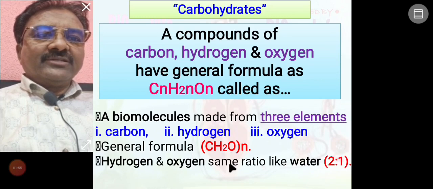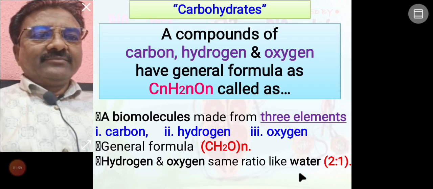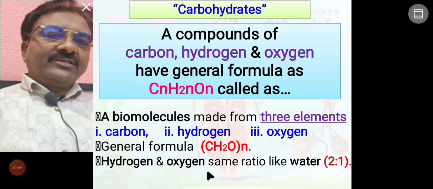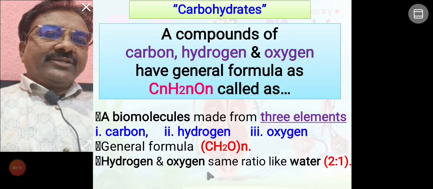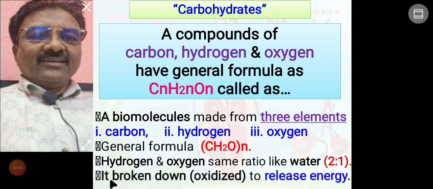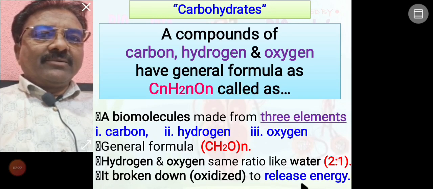Hydrogen and oxygen are in the same ratio as in water, 2:1, meaning 2 hydrogen and 1 oxygen like water. Carbohydrate is broken down or oxidized to release energy in the form of ATP.